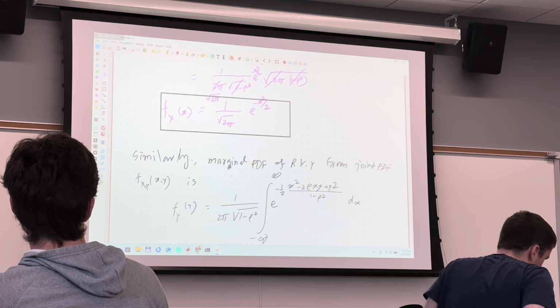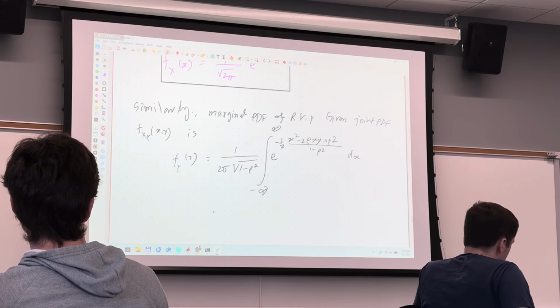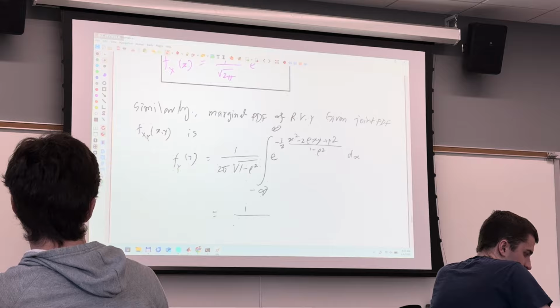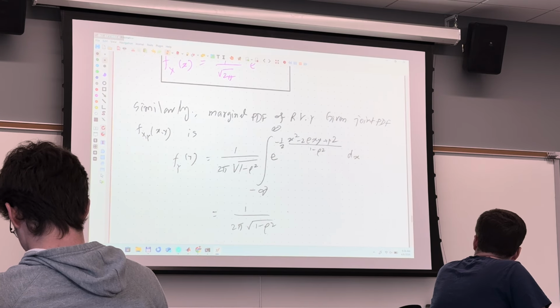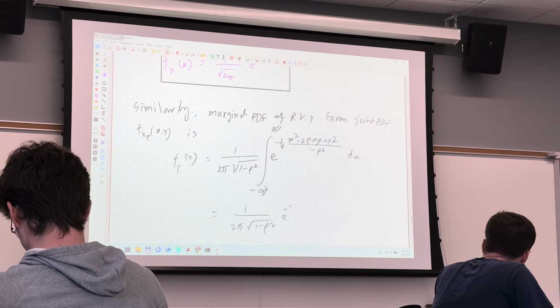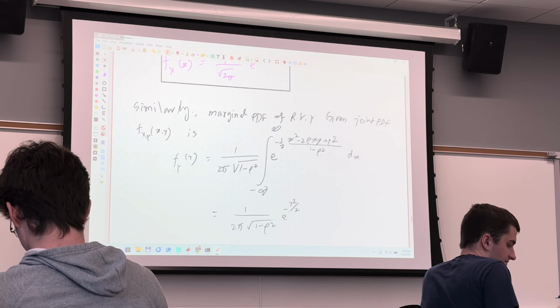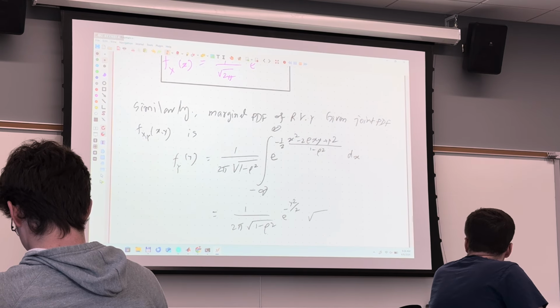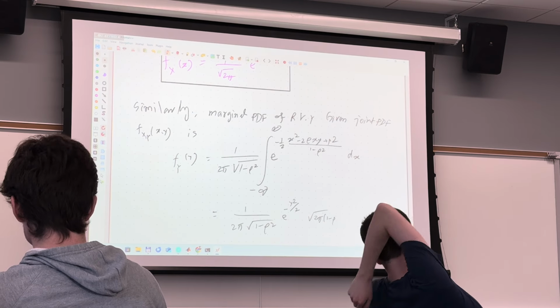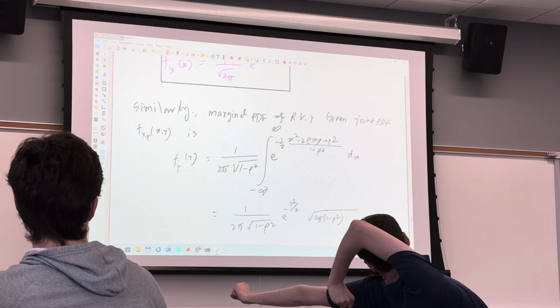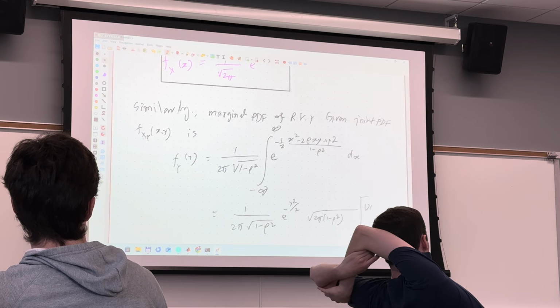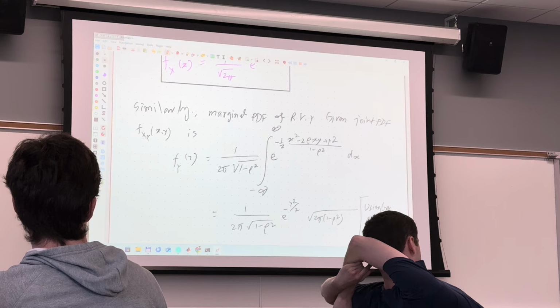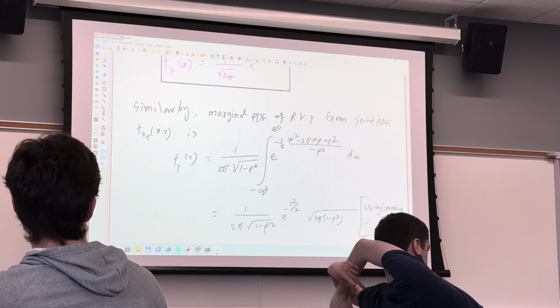Similarly, you would see this part will be 1 over 2 pi square root of 1 minus rho squared, and then e to the negative y squared over 2, and then you will see square root of 2 pi times square root of 1 minus rho squared, using the Gaussian integral.